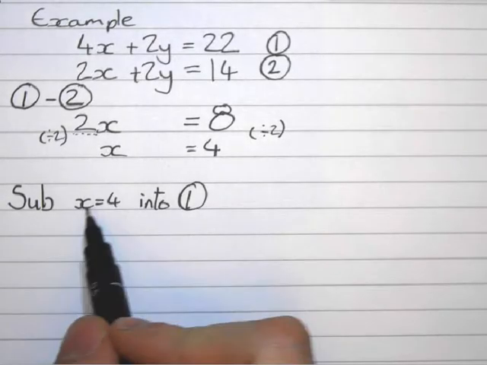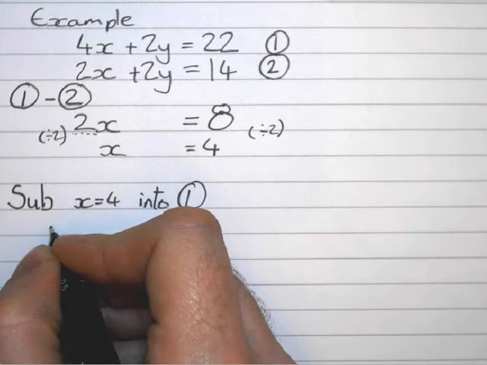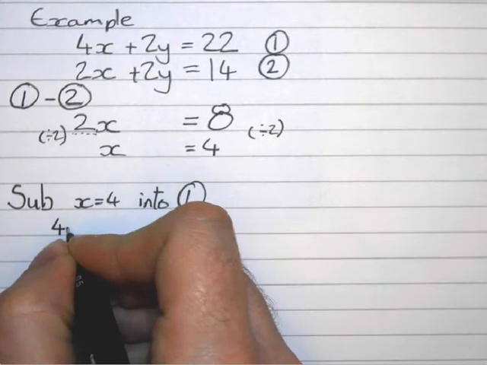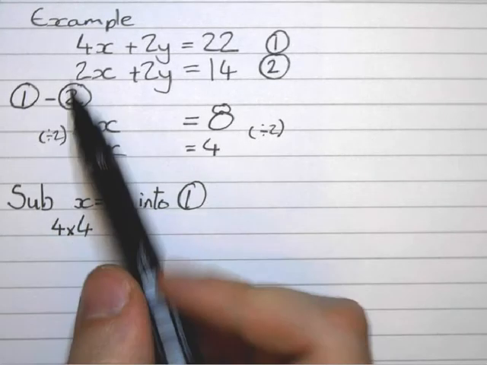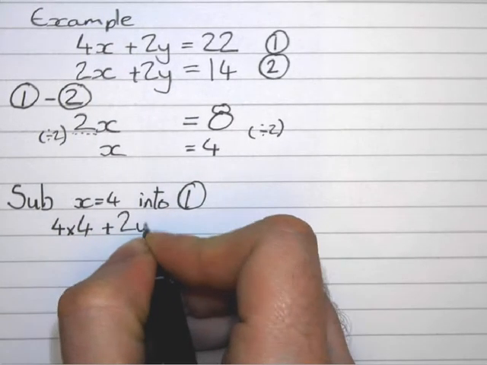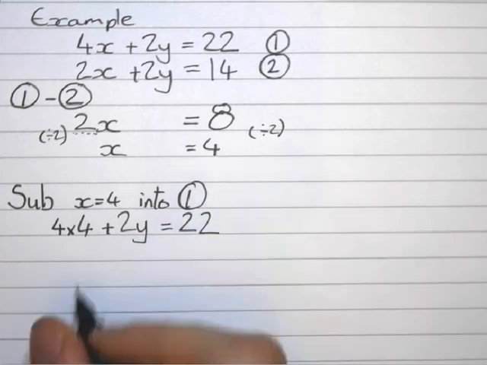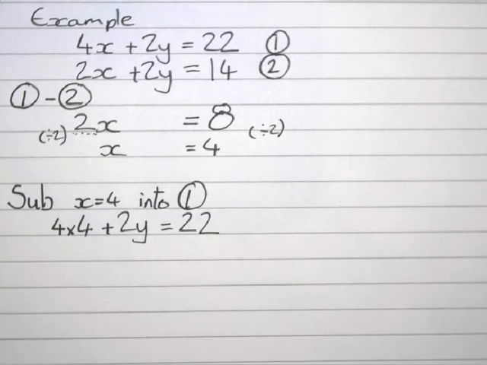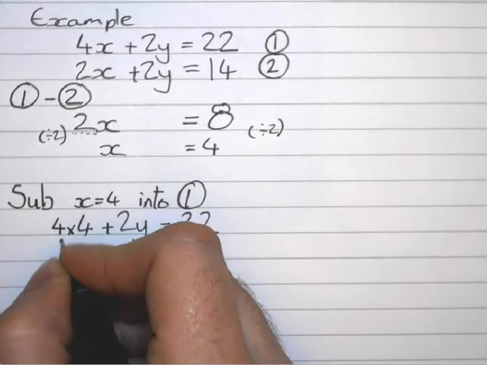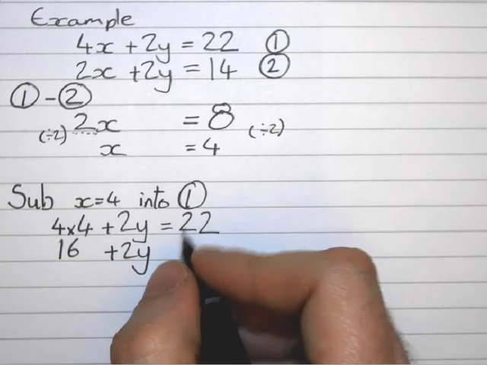So substitute x equals 4 into 1 would give us 4 times 4. So 4x becomes 4 times 4 plus 2y equals 22. Now we don't know y yet, so we then have to use our solving. So a bit of working out. 16 plus 2y equals 22.